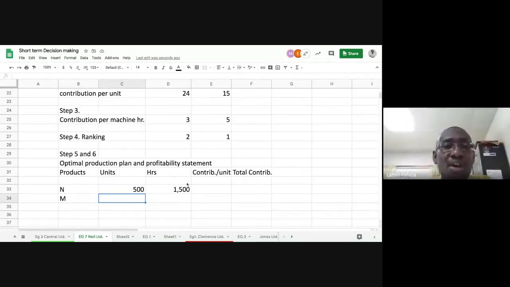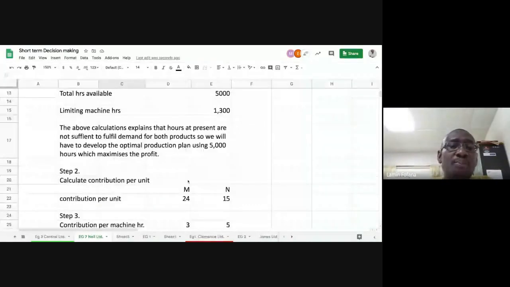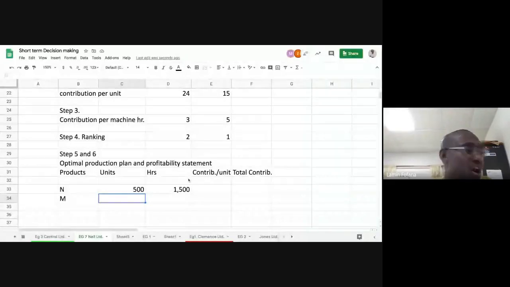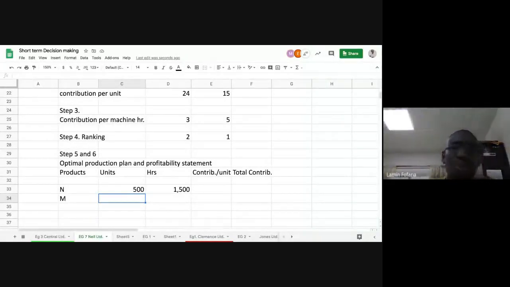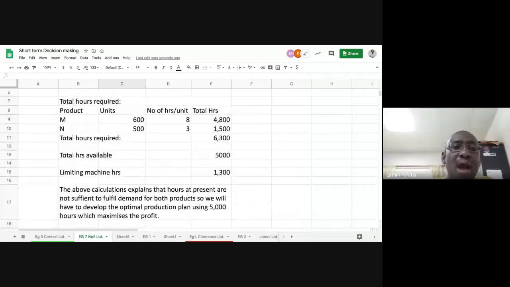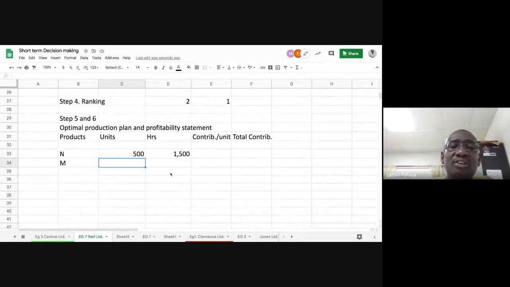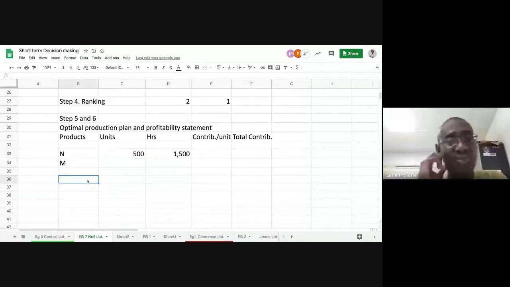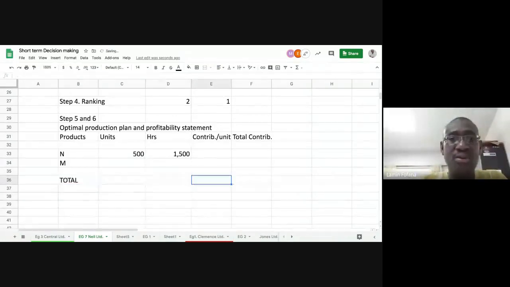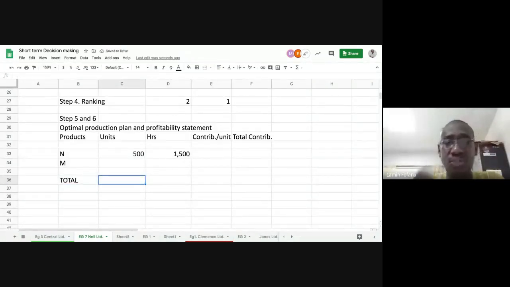Excellent. Because if we have to produce the whole of the 600 units of product M, we're going to require 4,800 hours. Do we have 4,800 hours now? Let's do our total here so that we can have a balancing figure. We can do our total even without completing.